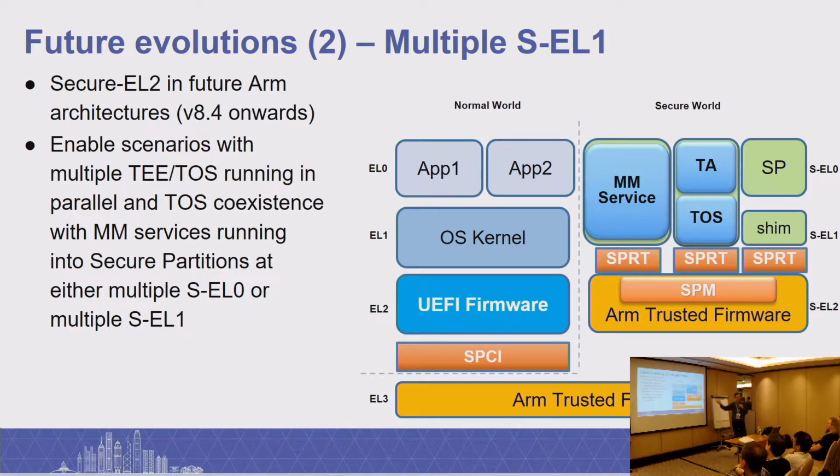Only at this point, you may run a trusted OS with its own TAs as usual. So this will be the common trusted OS, OP-TEE or whatever. And you may run in parallel some secure services like MM services that can run either at EL1 or at EL0 as before.